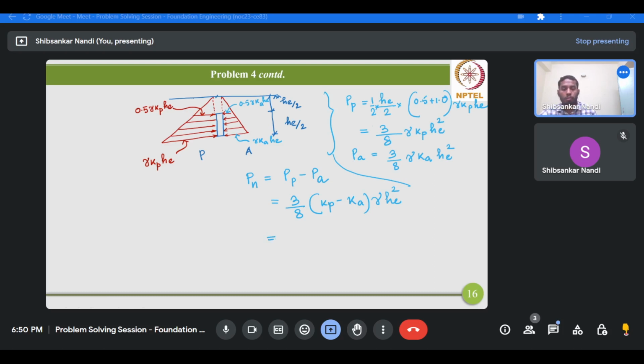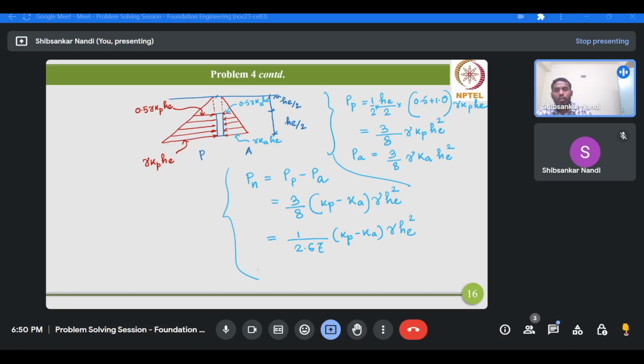So 1 by 2.67 (Kp minus Ka) gamma H square. Now this is per kilonewton per meter. Okay, so this force is basically kilonewton per meter.